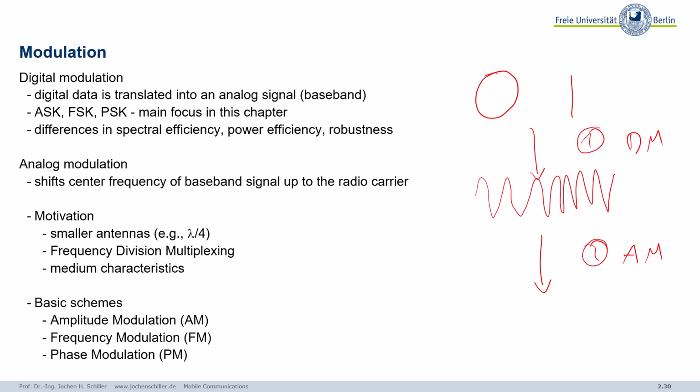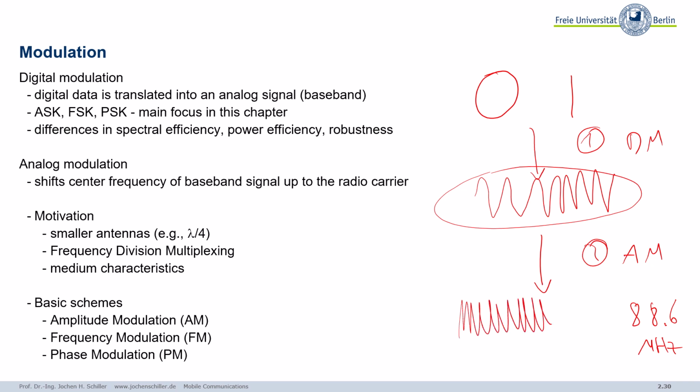But the problem now is all the different radio stations have the same baseband frequencies, but as we learned, we want to do frequency division multiplexing. So now we have to shift this frequency up to a certain carrier frequency. For the radio station, we had for example 88.6 megahertz. So a very, very high frequency.